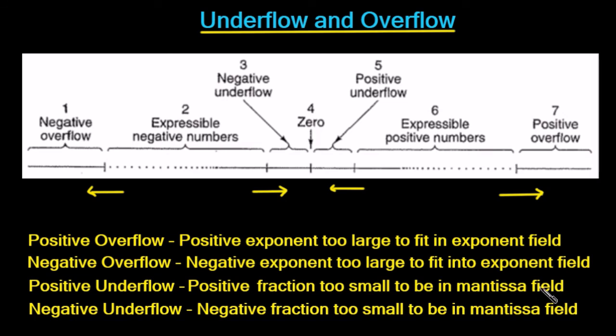Again, we could represent even smaller numbers if we increased the length of the mantissa field. Rather than representing numbers that go down to 2 to the minus 23, we could go down further by increasing the mantissa field. The same happens for the negative values: the negative fraction is too small to be in the mantissa field.